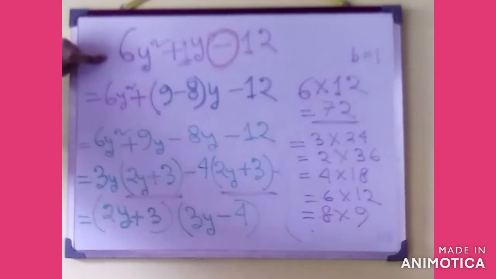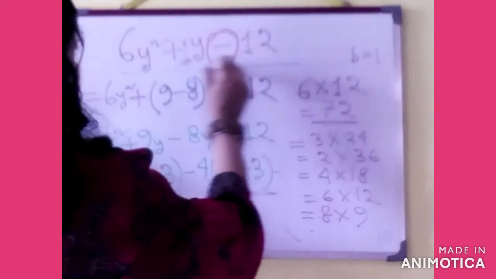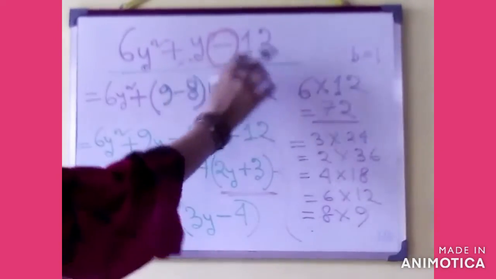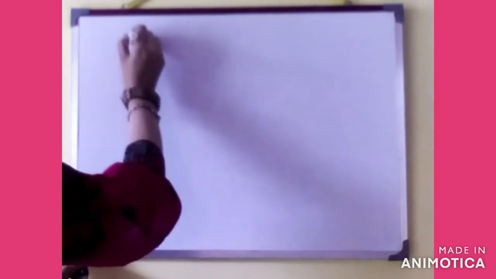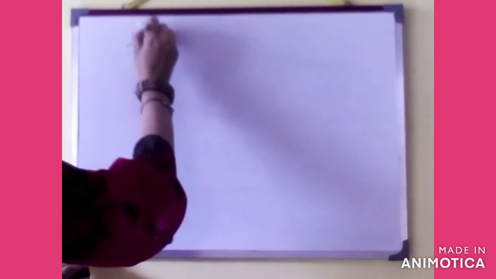So after middle term factorization, this polynomial 6y square plus y minus 12, we are getting 2y plus 3 into 3y minus 4.